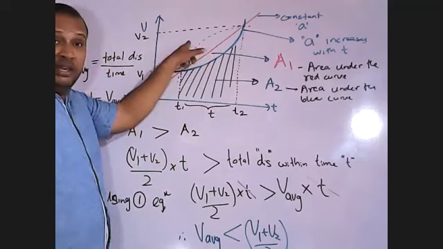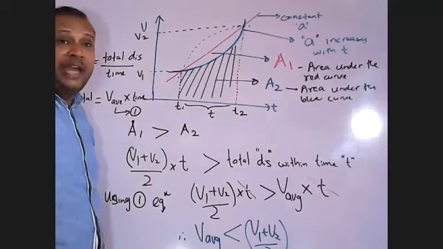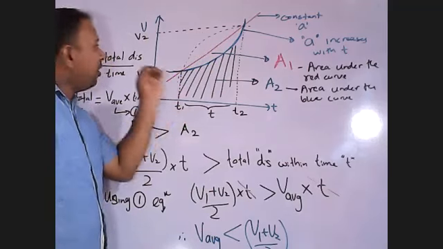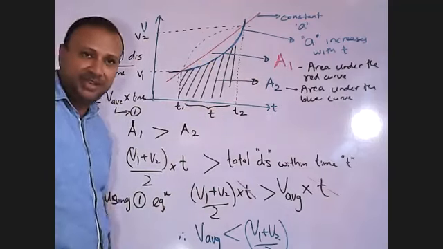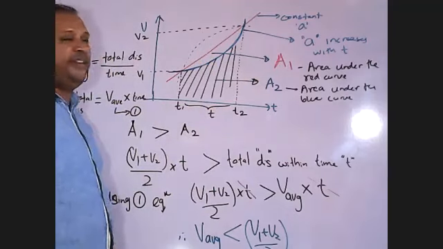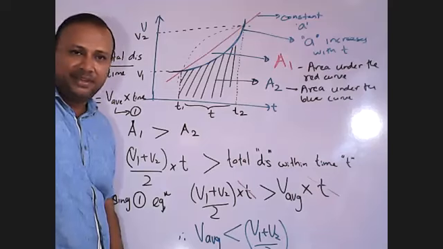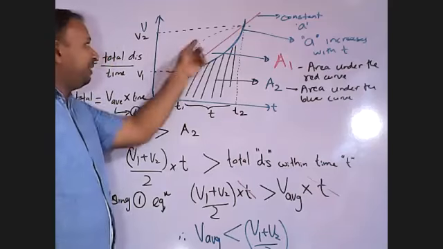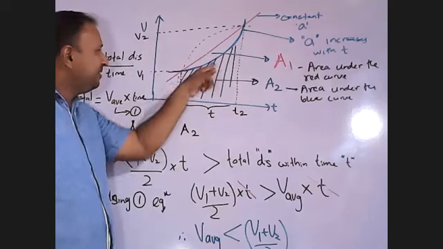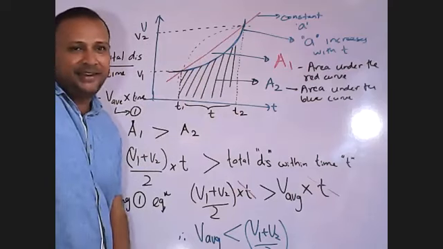Therefore, this dotted line object has displaced more distance within that time period than the red color one. Therefore, the average velocity of the dotted line should be higher than the average velocity of the red color one.